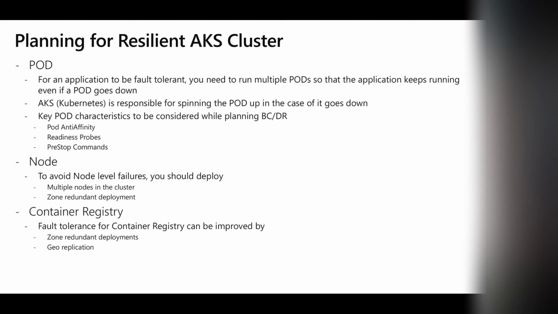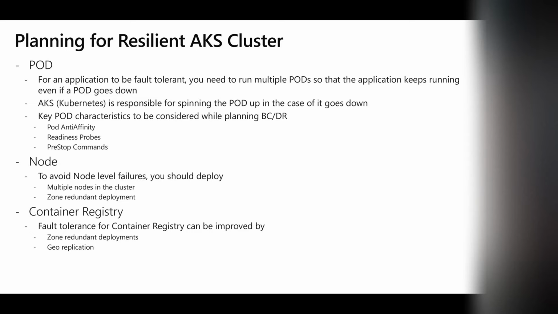So let's talk first about the pod. Let's say you deploy your application and run one pod. If that pod crashes or something happens to it, your application is gone. If something happens to the node on which the pod was running, your application is gone while AKS schedules that pod on some other server.